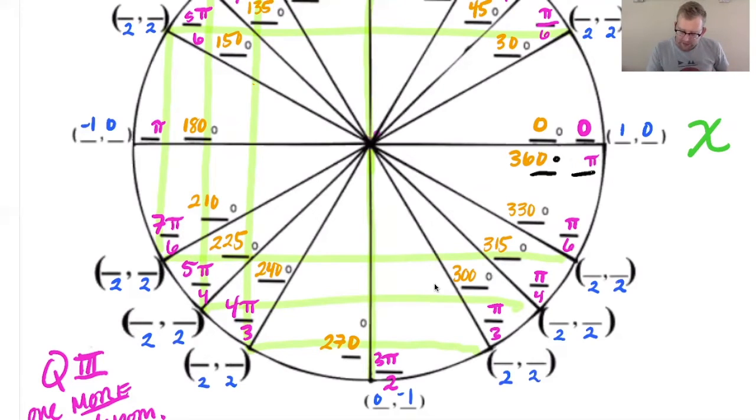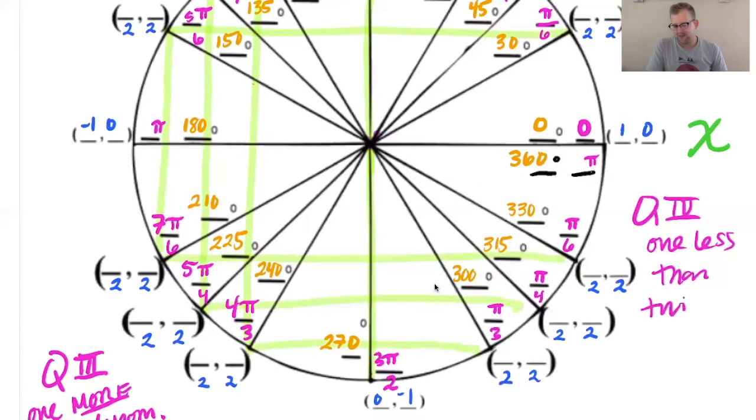All right. And the rule for the final quadrant, quadrant 4, is 1 less than twice the denominator. So twice 3 is 6. And if I take 1 away from 6, I'll get 5.